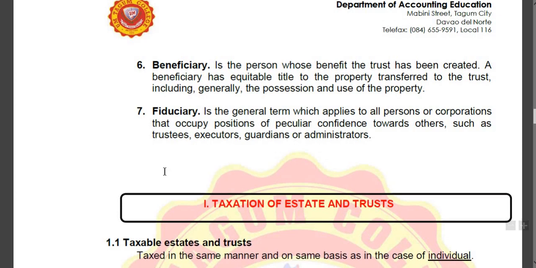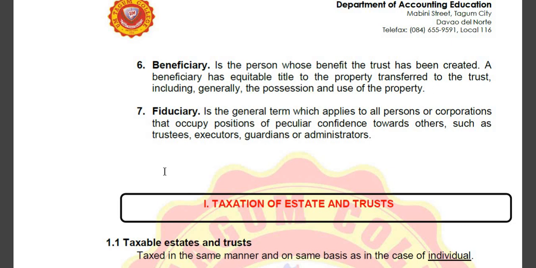Beneficiary. It is the person for whose benefit the trust has been created. So basically, whatever the fruits of the trust will inure to the beneficiary. A beneficiary has equitable title to the property transferred to the trust, including generally the possession and use of the property.